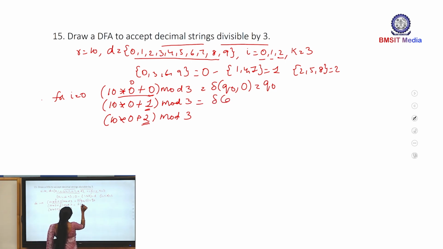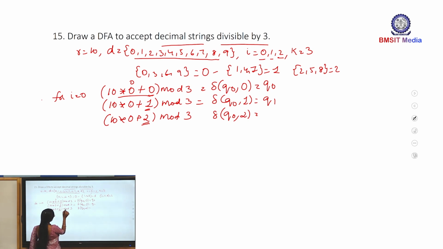So delta of Q0 comma 1 gives me the next state, which is Q1. And the next one, delta of Q0 comma 2, is 2 mod 3, which gives me 2, so I can write the state Q2.